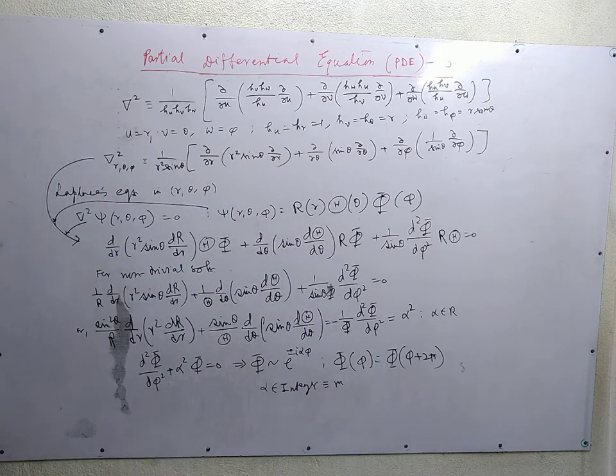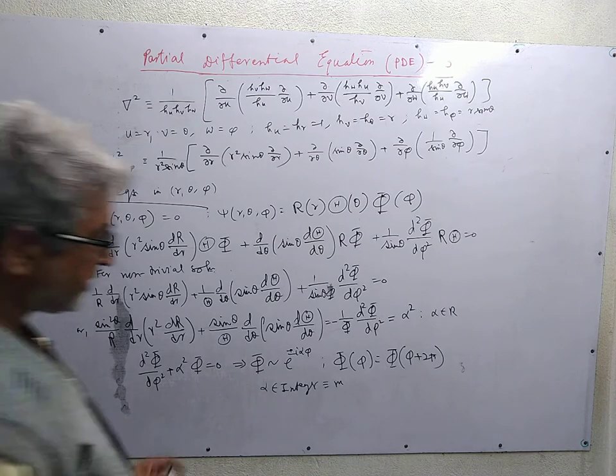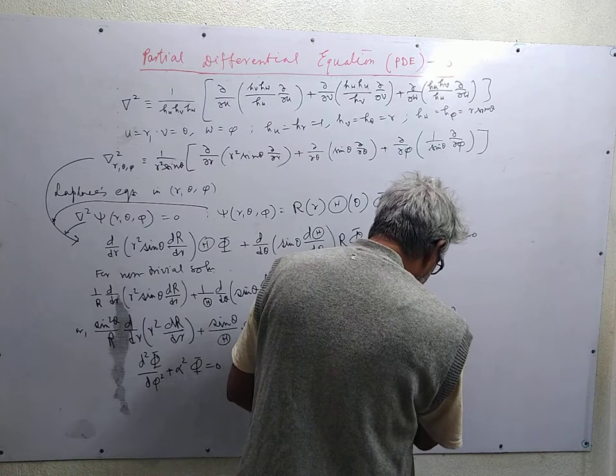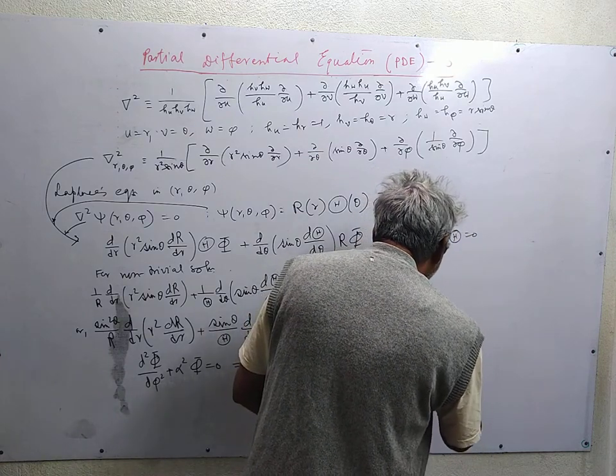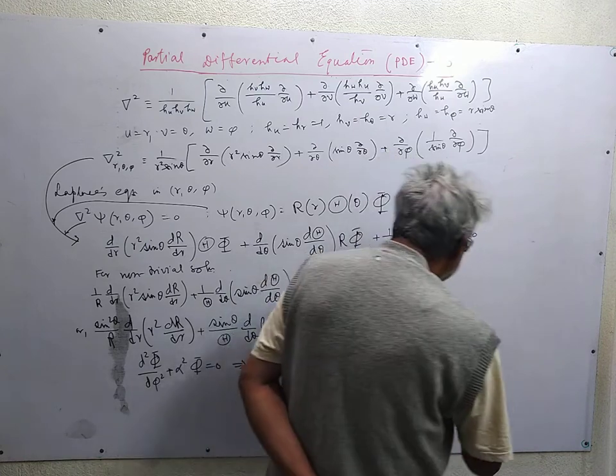So this is the one information. The separation constant is alpha, and finally we call it m square, where m is an integer.